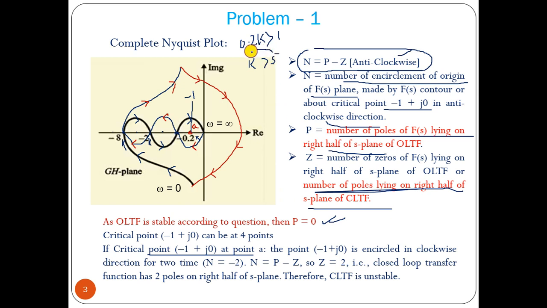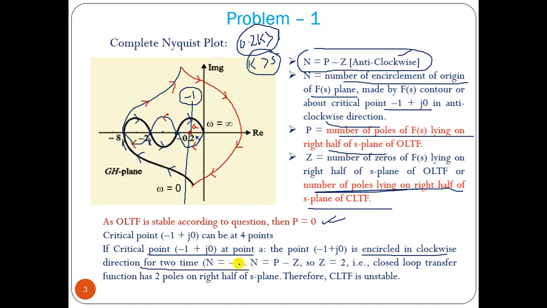That we can say, but what about the stability point of view? Now in this particular point, if you draw a line, this is your clockwise direction, this is also clockwise direction. So if this is the minus 1 plus j0 point, it encircles the critical point 2 times in clockwise direction.